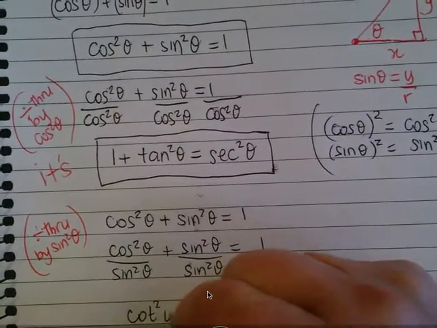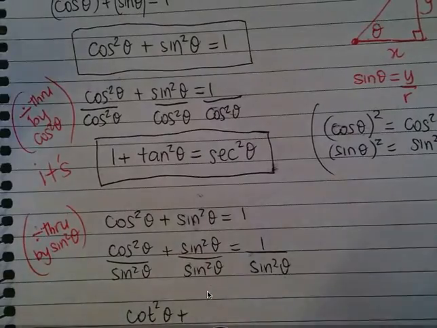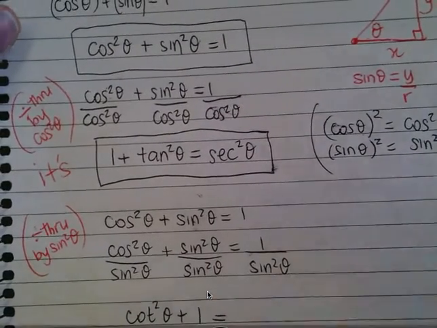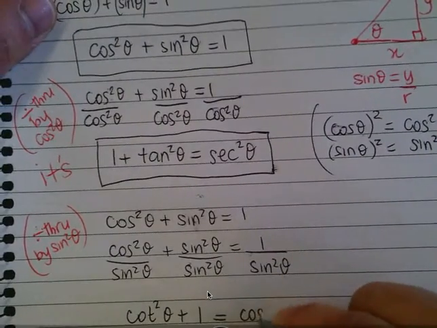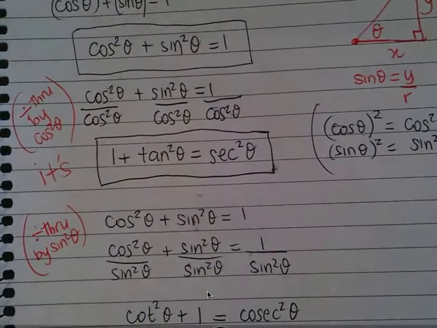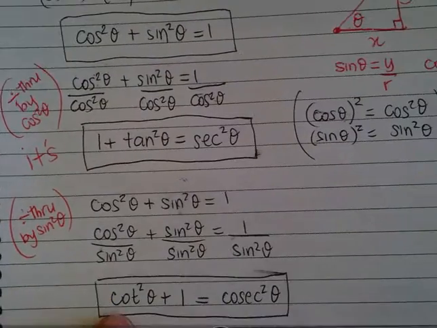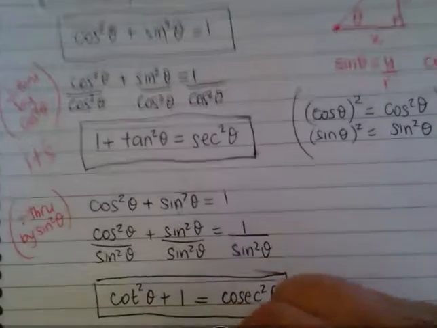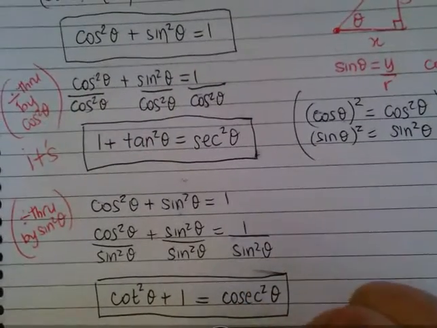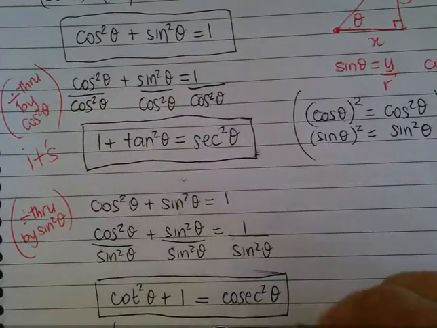Cot squared theta plus sine squared theta on sine squared theta is 1. What's 1 on sine? Cosec. And we like to write it the other way: 1 plus cot squared theta equals cosec squared theta. That's the last one, same as that one.